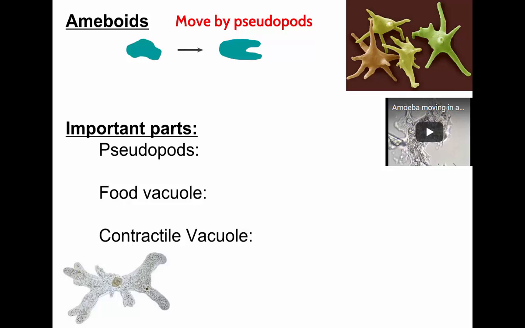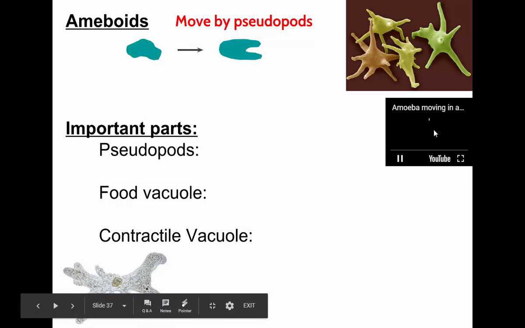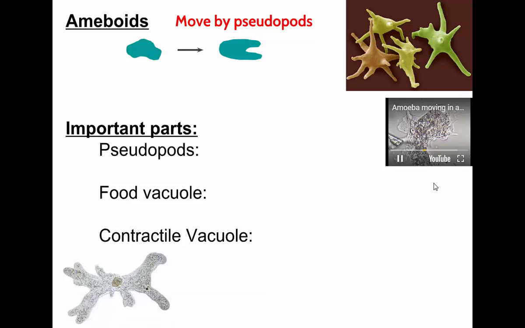Is that a real picture? Yeah, that's a real picture. And here is one where you can actually see the amoeba moving. They move pretty slowly. Their cytoplasm just sort of streams forward, and they have no definite shape. Their shape is flexible. The cell membrane is flexible.